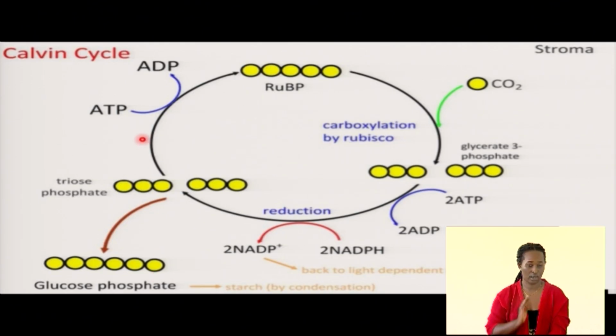Our focus here has been light-dependent reactions for producing ATP and NADPH, to use them as a backup to understand what their role shall be, how they link with the Calvin cycle. And now here we have our Calvin cycle. Main components: fixation, carboxylation.